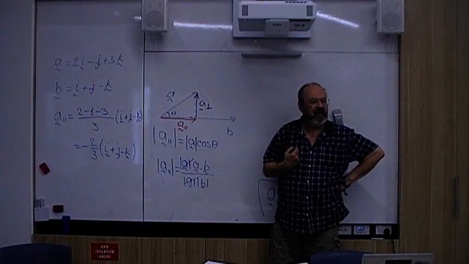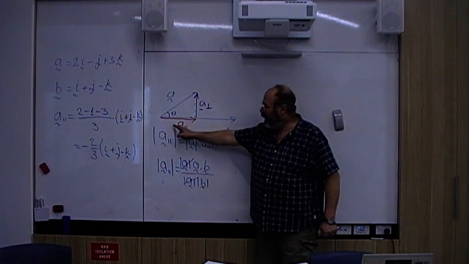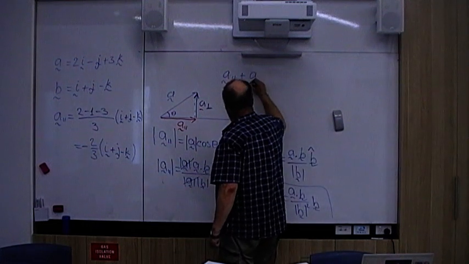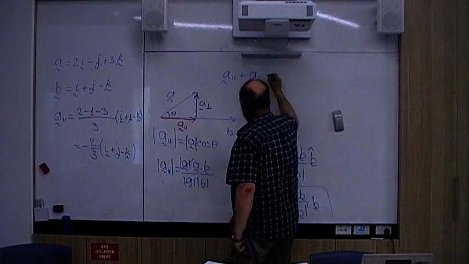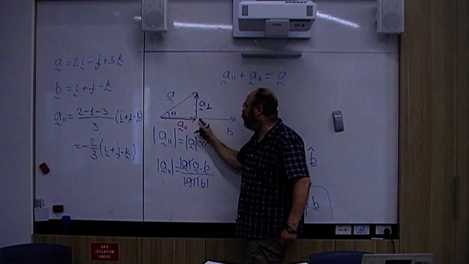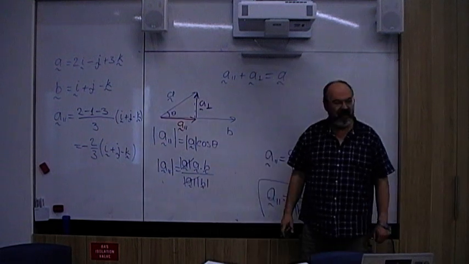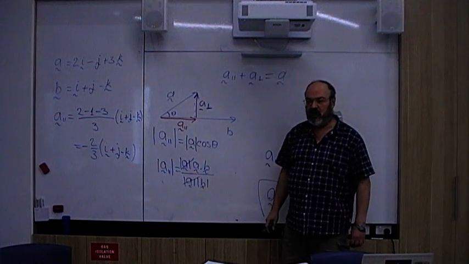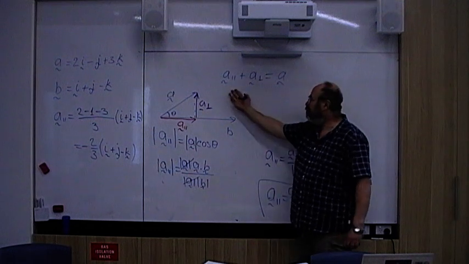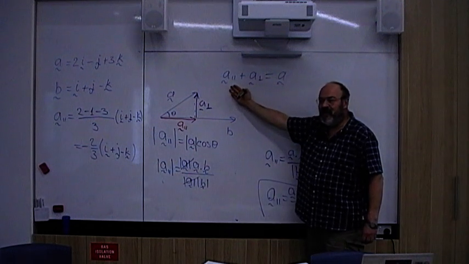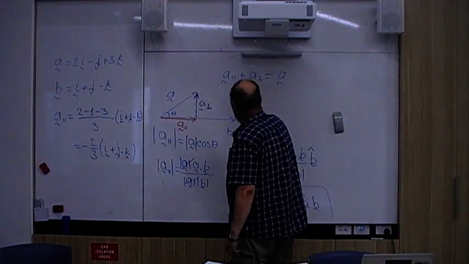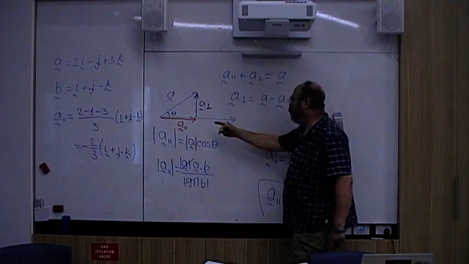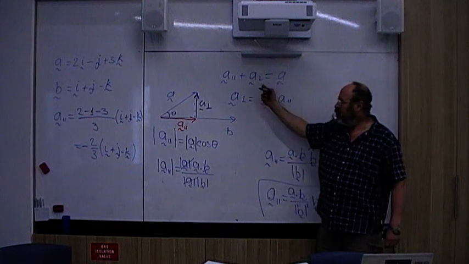Negative A parallel plus A. If we add the parallel component plus the perpendicular component, they add up to vector A. So we have A perpendicular equals vector A minus its resolution in the direction of B from here.